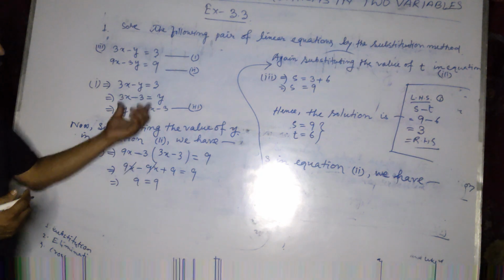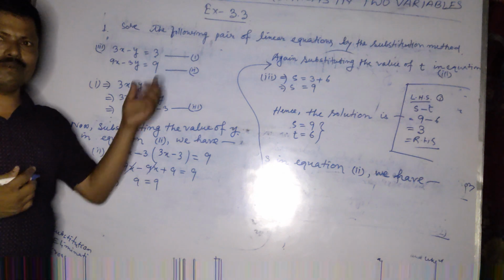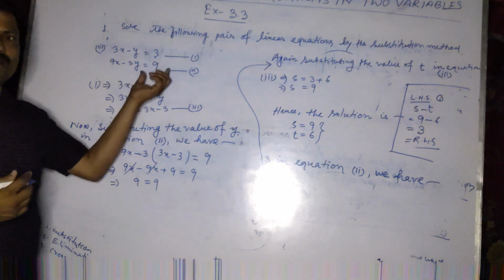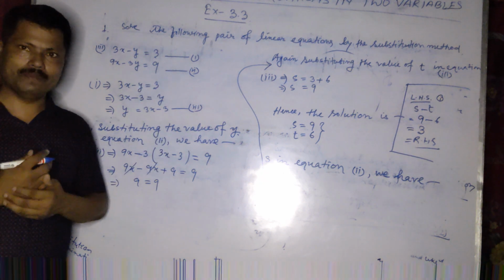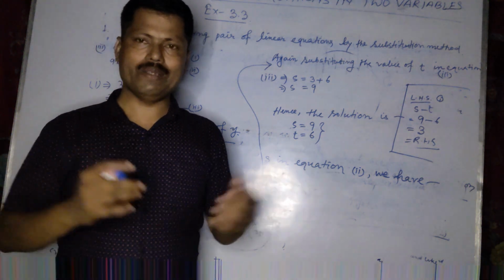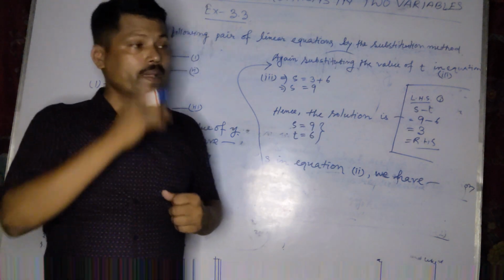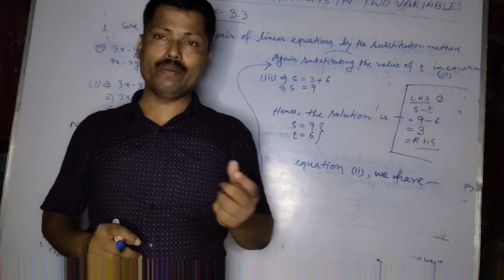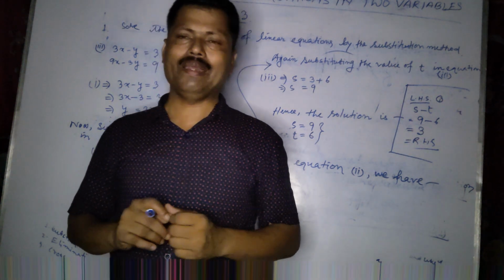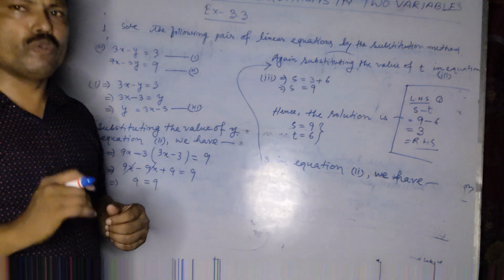Before solving this equation, we have to find the ratio of the coefficients of these two equations. If a1 by a2 is not equal to b1 by b2, we get a unique solution, and then we solve. If a1 by a2 is equal to b1 by b2 is equal to c1 by c2, we get infinitely many solutions.